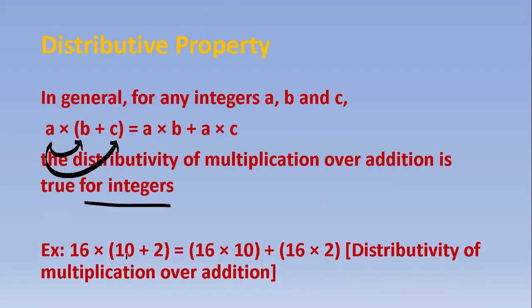Example, 16 into (10 plus 2) means 16 into 10 plus 16 into 2. 16 into 10 is 160, 16 into 2 is 32, and 160 plus 32 is 192.